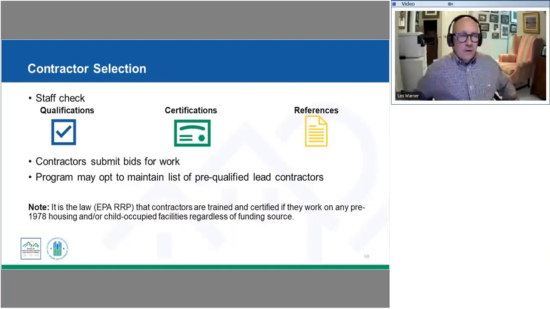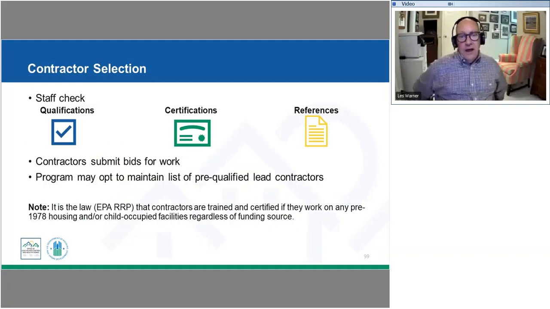So as part of our contractor selection, we need to make sure that the contractors are going to have appropriate qualifications in place. So as part of our bid packets, we're going to incorporate what the qualifications are that are going to be required for that job, and we would require the contractors to submit evidence of that with their bid packet.